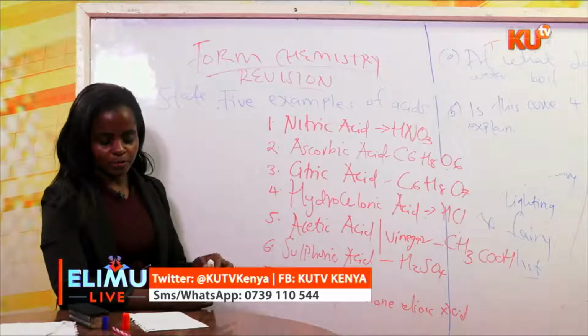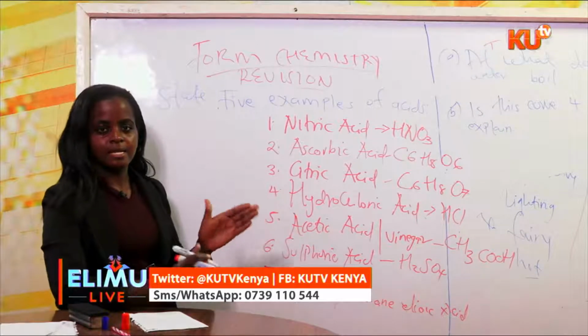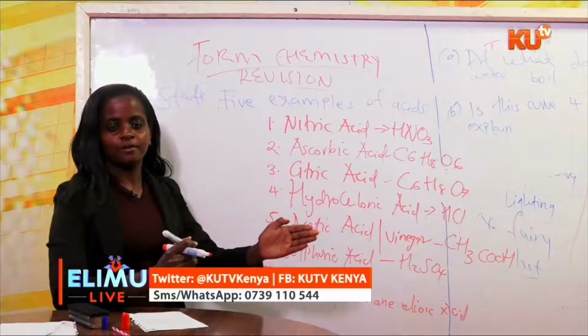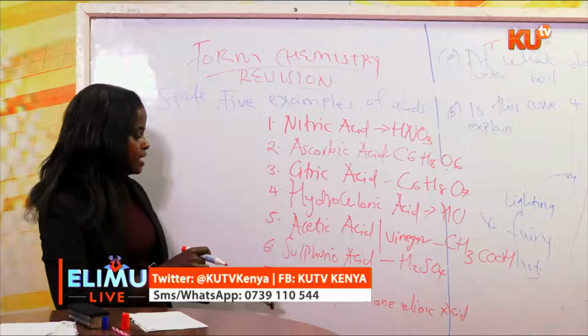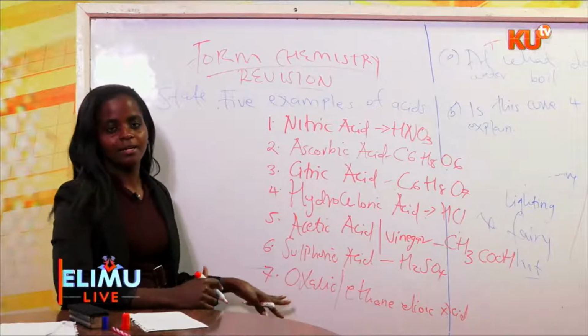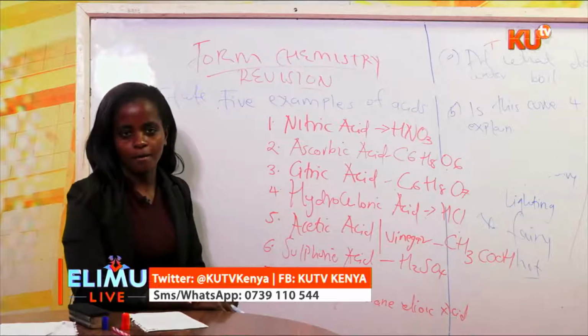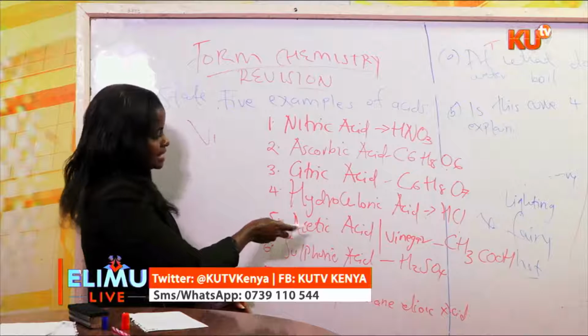Sometimes when you use vinegar in a substance that has hydrochloric acid, the hydrochloric acid is going to go aside. An example is when you want to know if your milk is contaminated, or it is not pure milk from the cow. You will add vinegar, which is acetic acid.